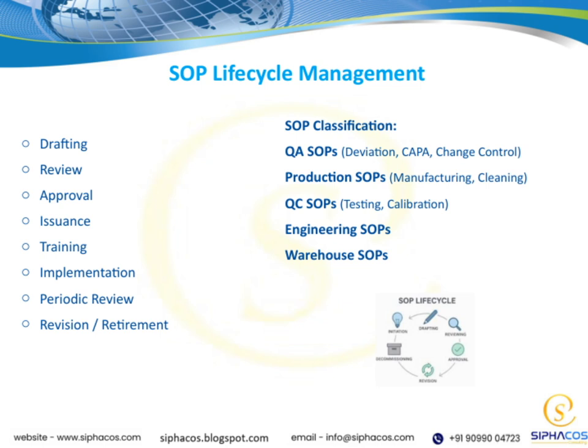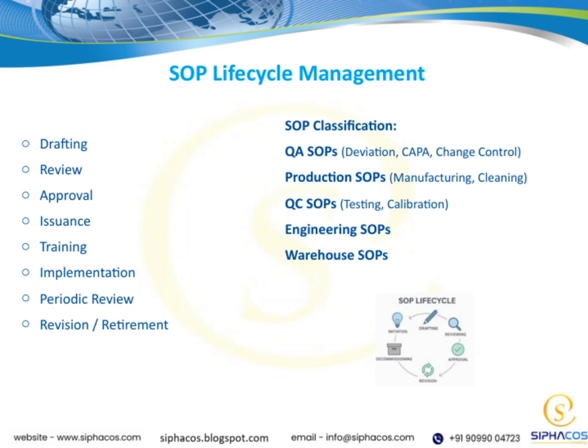Now, an important part of the overall quality system is SOP lifecycle management. This involves several stages: drafting, review, approval, and issuance, where we officially release the SOPs for use. After that, training is essential to ensure everyone understands and follows the procedures correctly. Implementation follows training, making sure the SOPs are put into practice effectively.